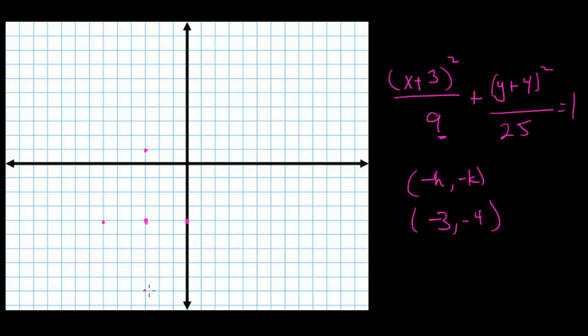And now we see that we have an ellipse that is taller than it is wide, with a semi-major axis, or major radius, of 5 and a minor radius of 3. Center point at negative 3, negative 4.